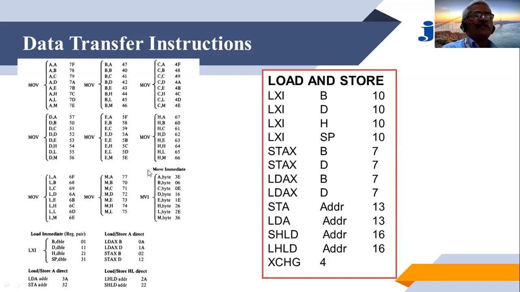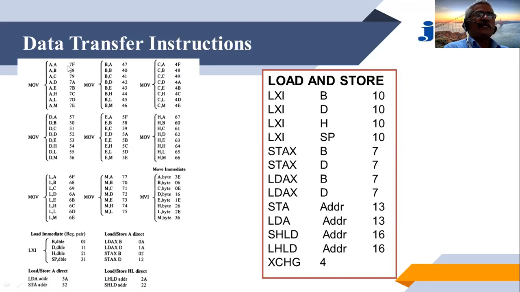So while writing the assembly code, a programmer should keep this format in front of him, because most of the time you have to write the program in these hexadecimal codes. For example, instead of writing move B to A, that is move the content of register B to register A, its hexadecimal equivalent is 78.